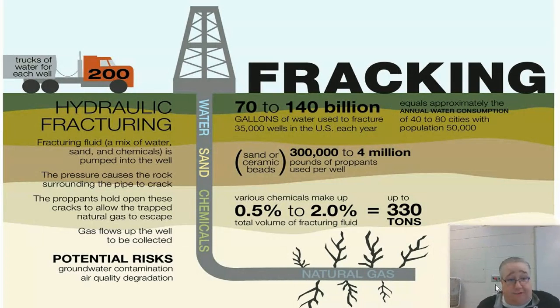Now, when it comes to fracking, right, this is kind of what happens. All right, if you look at this picture here, down here in the soil is where all the natural gas is. And if you guys might remember our soil profiles, remember your O horizon, your A horizon, all that stuff, right?